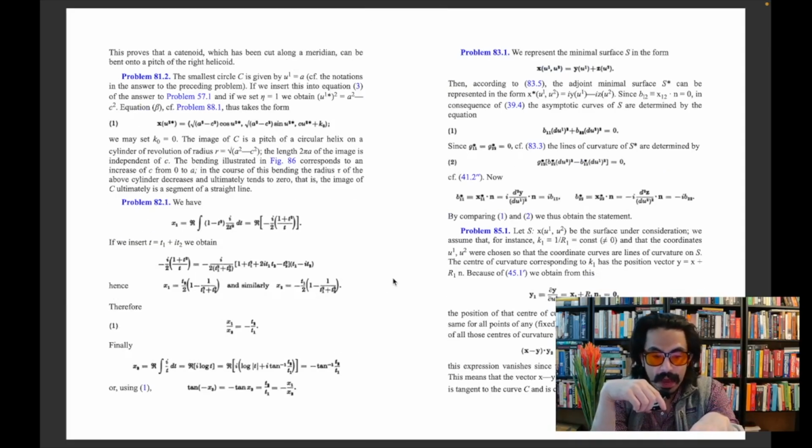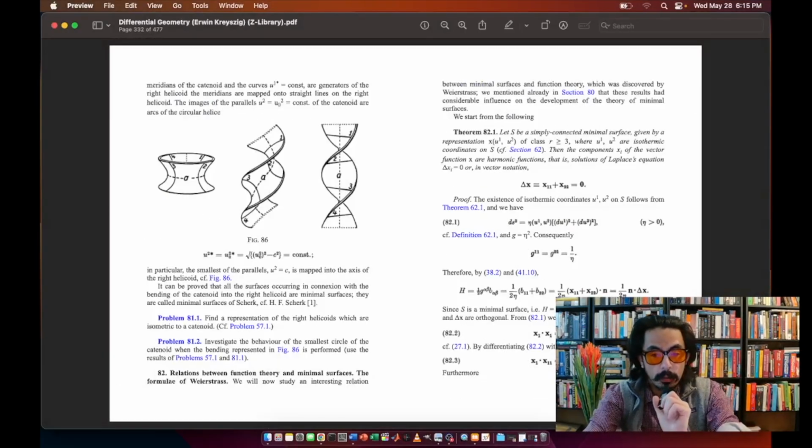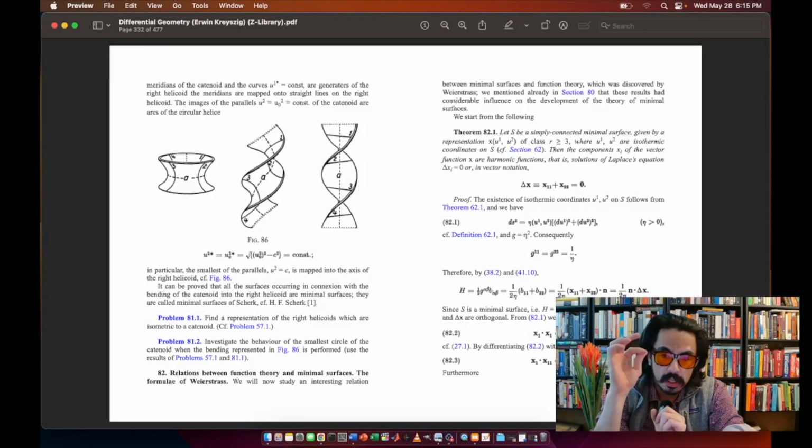This proves that a catenoid, which has been cut along a meridian, can be bent onto a pitch of the right helicoid. All right, problem 81.2, and this is the last one for section 81. Investigate the behavior of the smallest circle of the catenoid when the bending represented in the above figure 86 on this page here is performed.